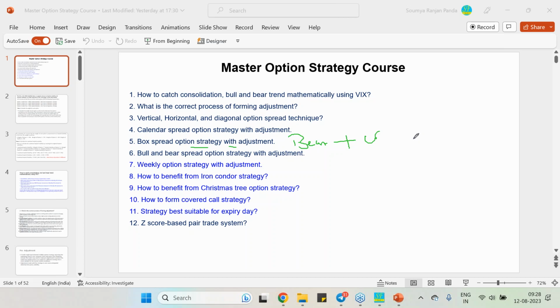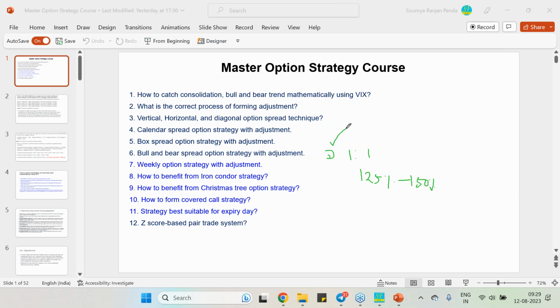Then I have taken you to the bull bear spread, and there also I have told you whenever you are forming a bull bear spread, make it a diagonal spread. Whenever you are forming a debit bull spread, it should have 1:1 risk reward. Then you take the credit bull spread in some higher strike, which is covering 100 to 125%, minimum 125%, not more than 150% of the premium or the risk in the debit bull spread.